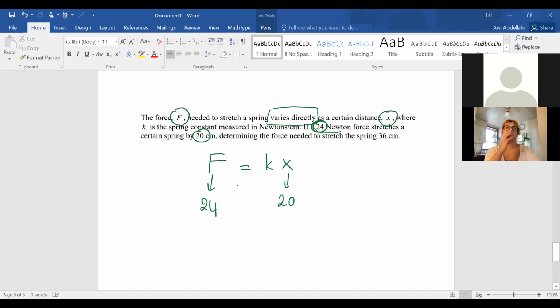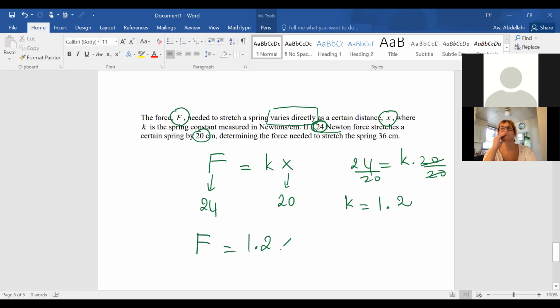So I have 24 is equal to K times 20. I divide by 20 on both sides, so I get K equal to 1.2. So I have F is 1.2 times X. That is my formula.